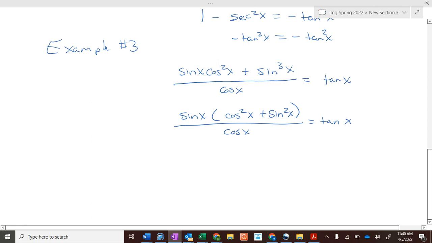What is 1, Chanty? Cosine squared plus sine squared is equal to 1. That's one of our Pythagorean identities, right? On your note card. So we get sine of x times 1 over cosine of x. Well, what's sine of x times 1? Sine of x. What's sine of x over cosine of x?